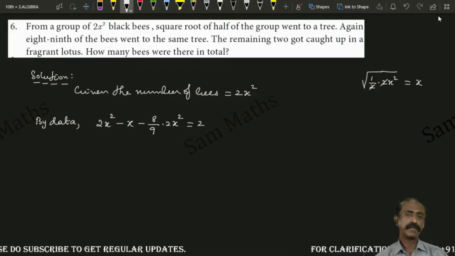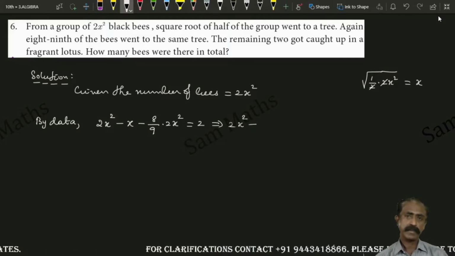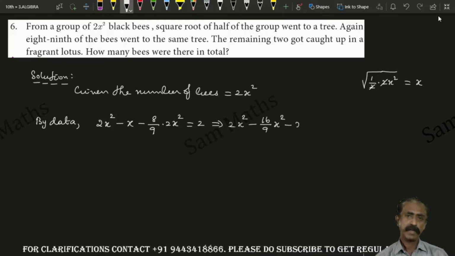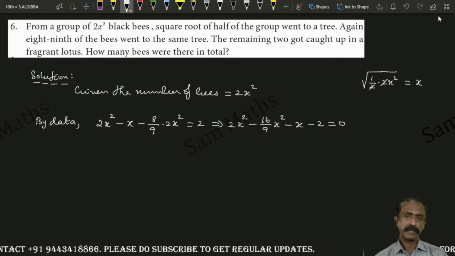This we have to simplify. This implies 2x square minus 16/9 x square minus x minus 2 equal to 0. Clear, children? Just I multiplied 8 into 2, that's all.